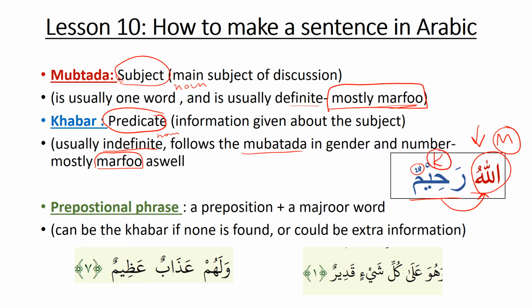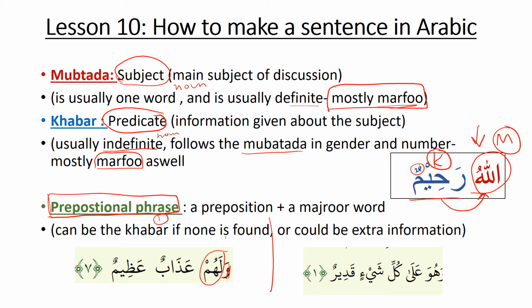However, when we bring in prepositional phrases, which is a preposition and a majrur word, then there are 2 options. Option number 1 is the prepositional phrase itself can be the khabar if there are no other nouns found in the sentence. Like for example over here, walahum, this wa just means and, lahum is a prepositional phrase.